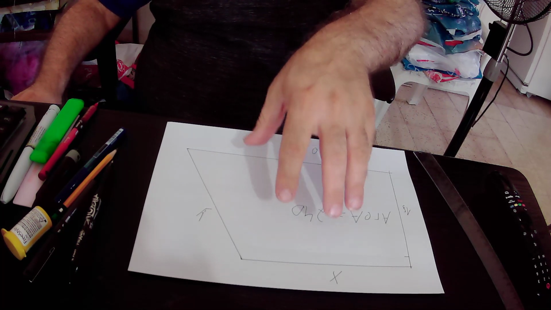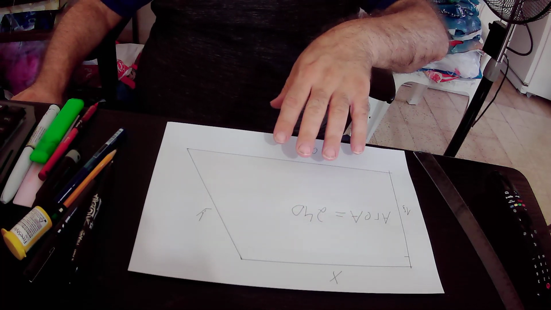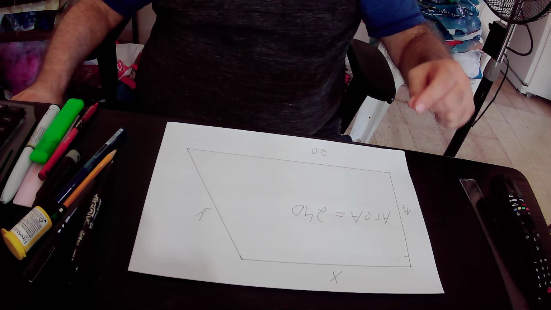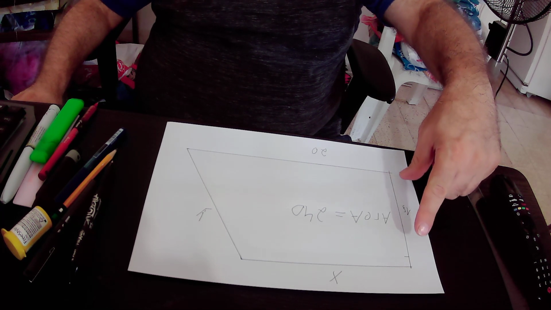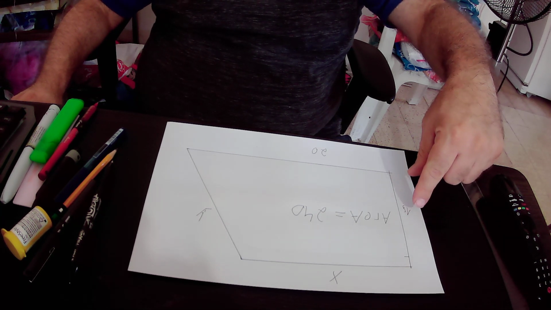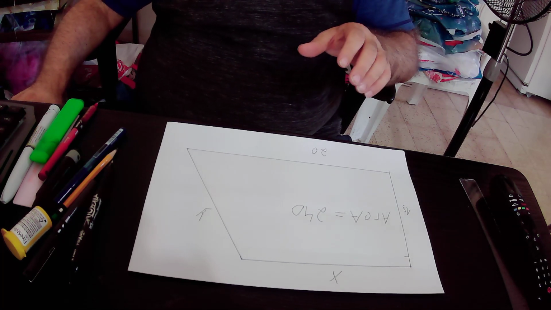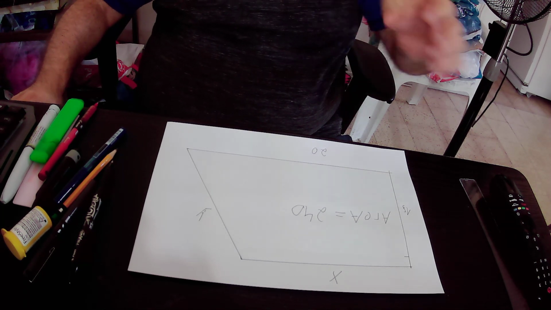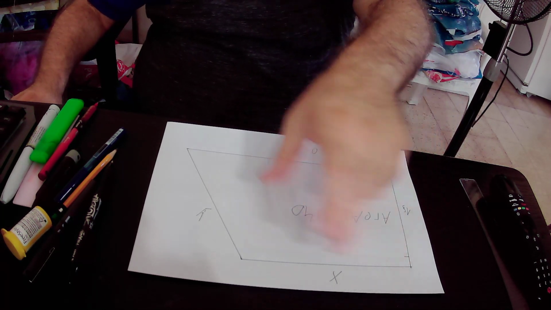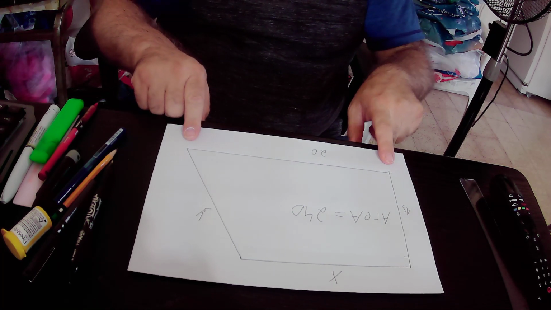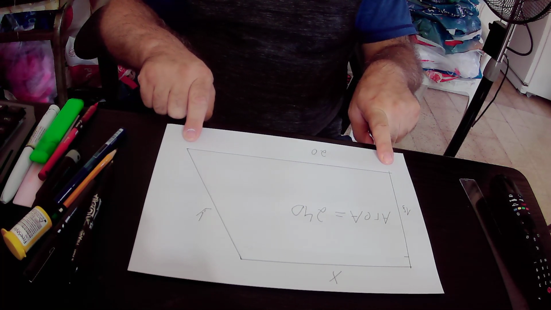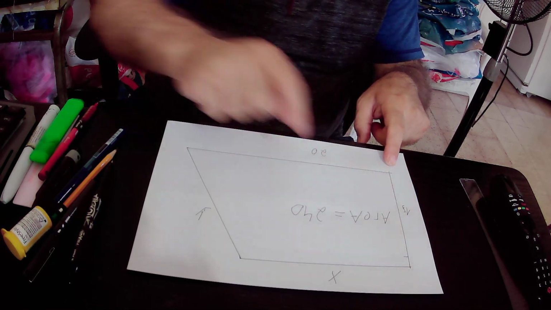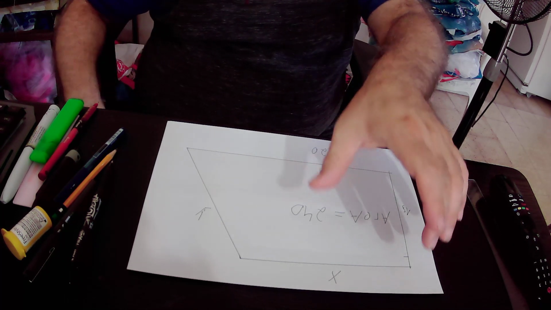The area of this shape equals 240 units squared, and the width of the shape is 15 units, and the length of this shape is 20 units, and we want to find out the value of x and y. Actually, the length is this, and it equals 20 units, and the width of the shape is 15 units. And we want to find out the value of x and y.